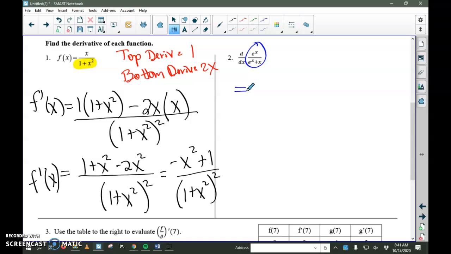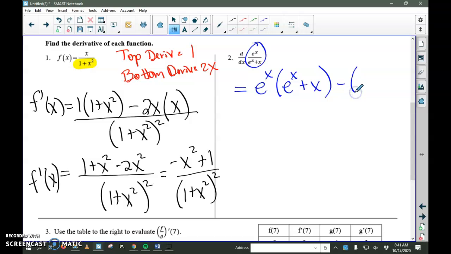I'm going to go through the quotient rule because I'm dividing two functions. I'm dividing e to the x by e to the x plus x. Okay, so I need the derivative of my top function, which is e to the x, times that denominator, e to the x plus x, minus the derivative of the denominator.